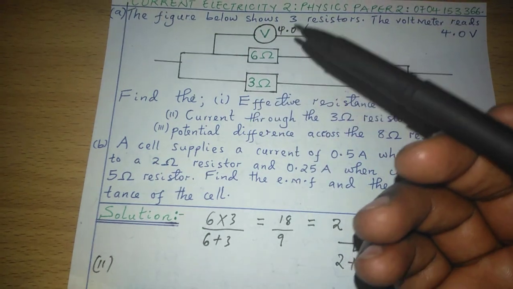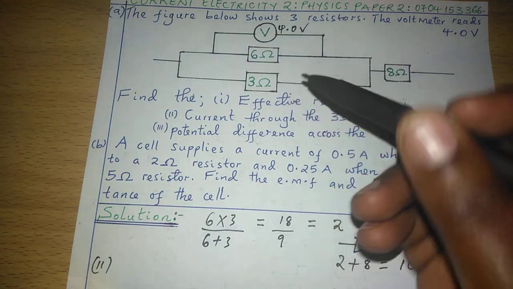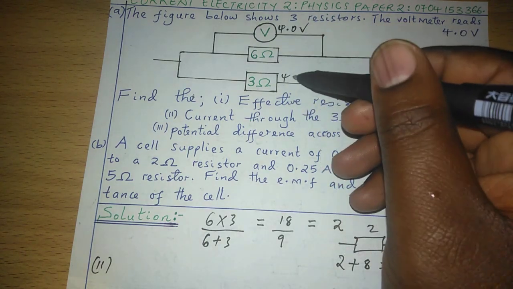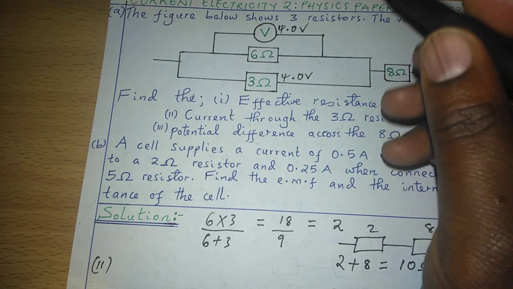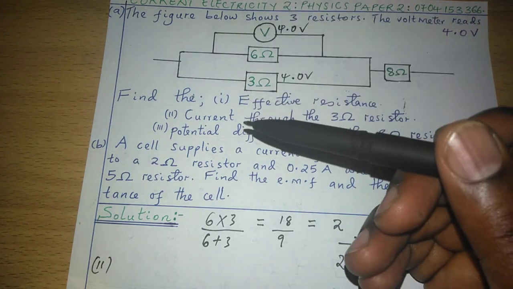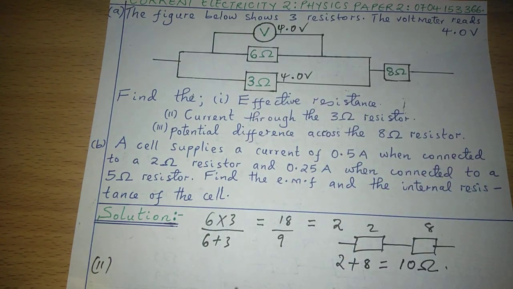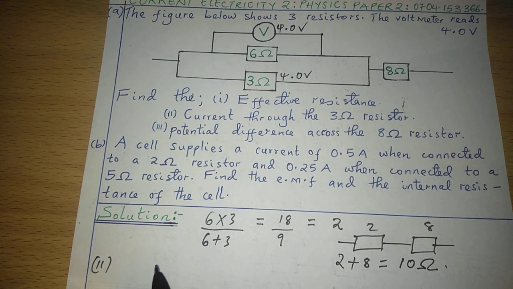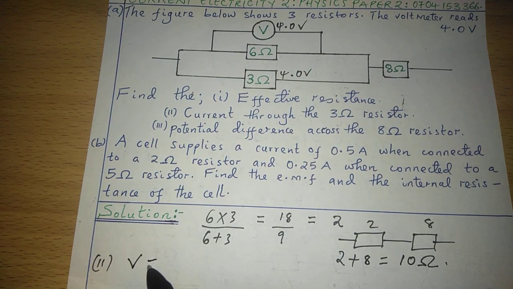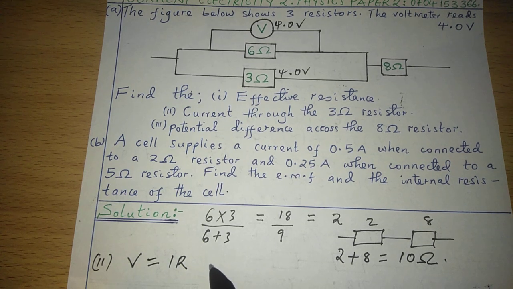Since it is in parallel with the 3 ohm resistor, that one also has 4 volts. In parallel, components have the same voltage drop. Therefore, according to Ohm's law, V equals IR. This means that I is given by V out of R.